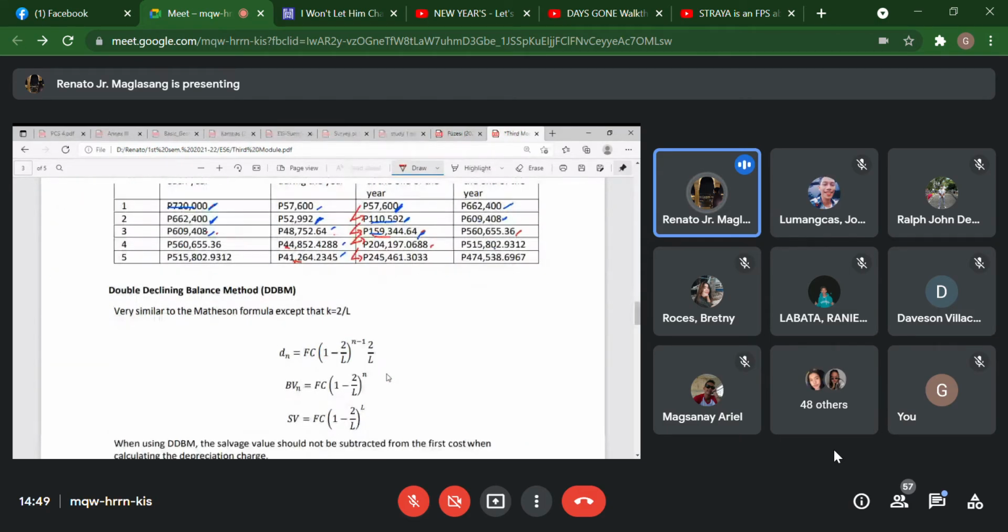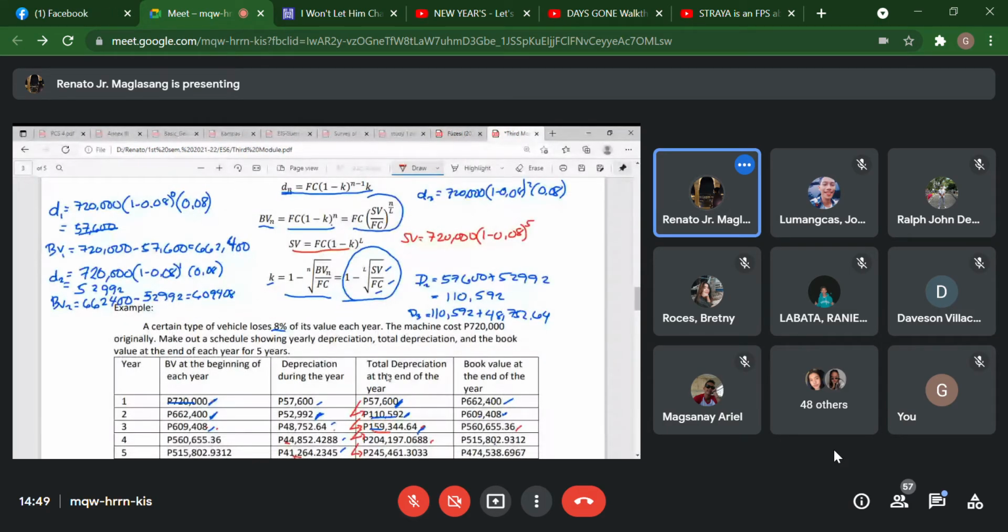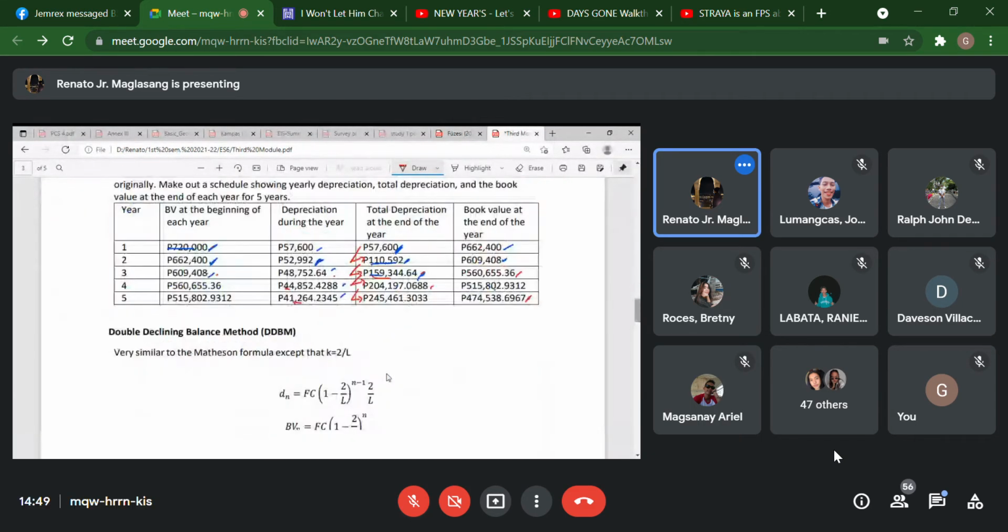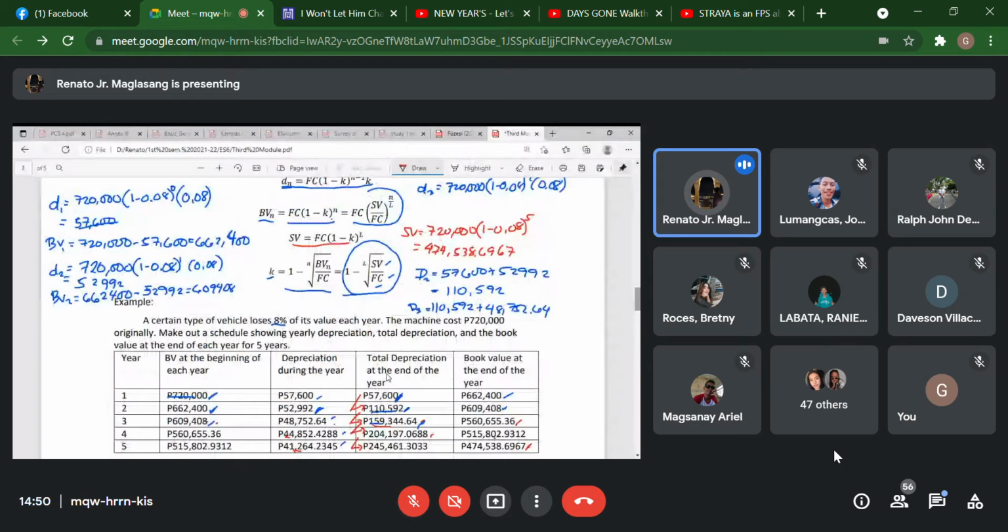So you will get the salvage value 720,000 times 0.92 to the 5. So that is equal to 474,538.6967, which is this one. Okay. So that is for the Matheson formula.